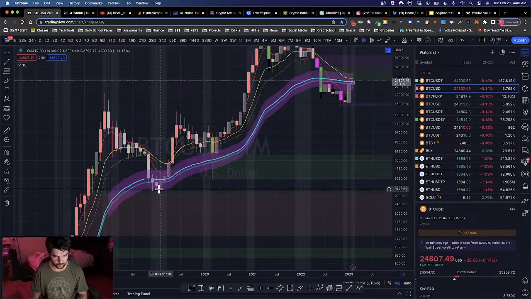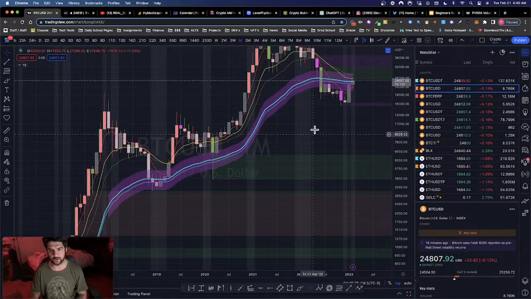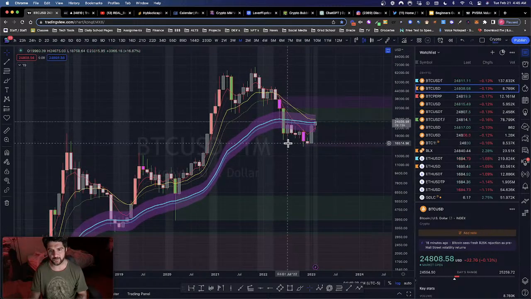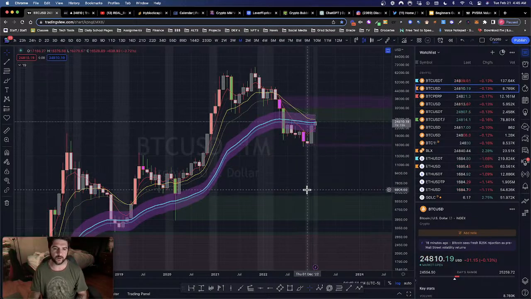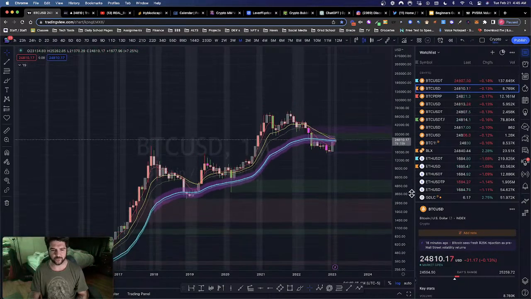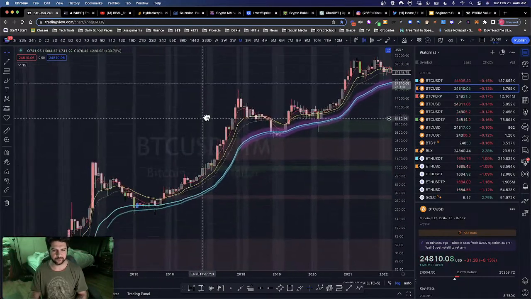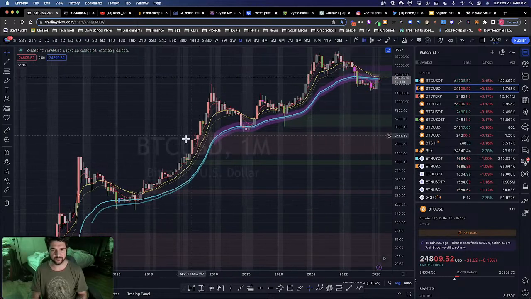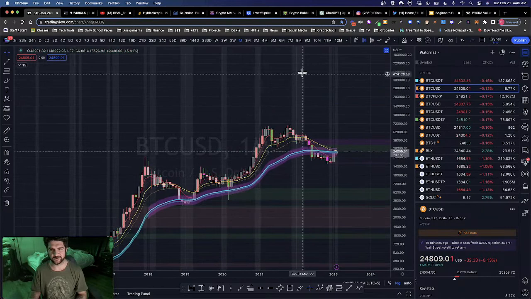You spent 1, 2, 3 months below your 50 EMA on your monthly time frame. Here you spent 1, 2, 3, 4, 5, 6, 7. This is your 8th month below your 50 on your monthly. All right, that's concerning. It's concerning.